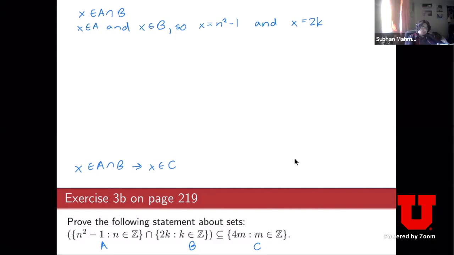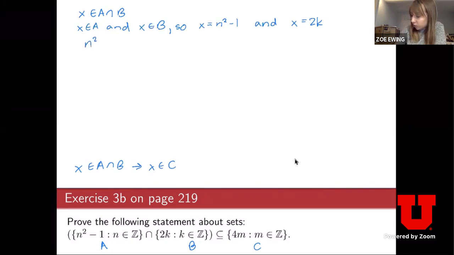Do you plug in 2k into n squared? Do you mean plug in the 2k for the n? Yeah, 2k for the n. Not quite, because we don't actually know that 2k equals n, we just know that x is equal to both of them. So we can set n squared minus 1 equal to 2k.